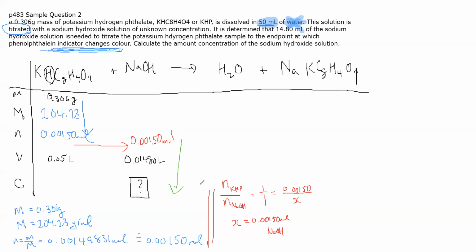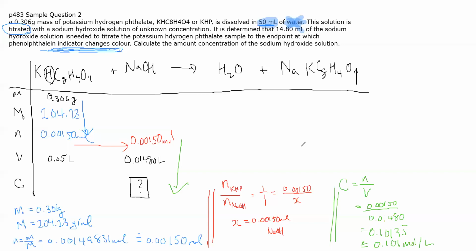Lastly, it's the final straw. To find the concentration, I know it's going to be moles divided by volume: 0.00150 mole divided by 0.01480 liters. That's going to be 0.10135, which is about 3 decimal places.